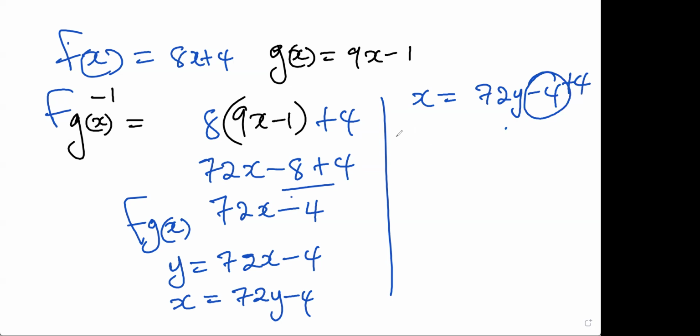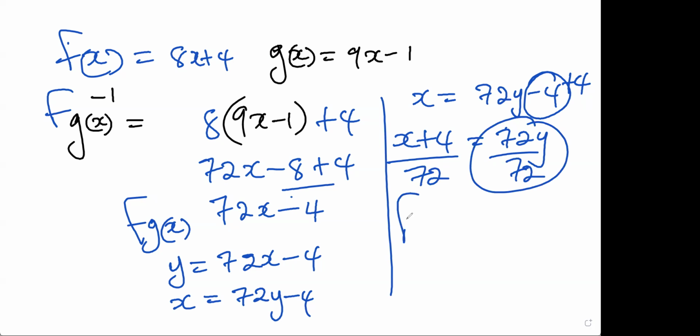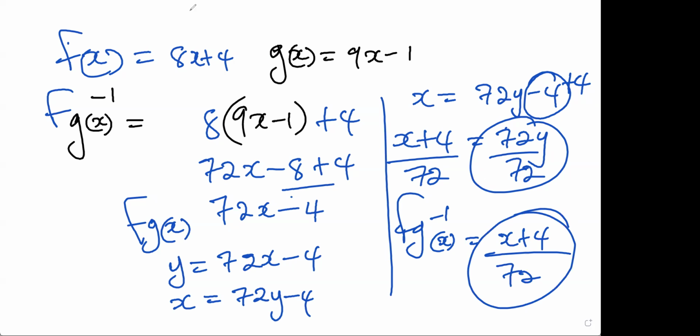Remember, it's the furthest. So we have x plus 4 equals 72y. And then the final step, divide by 72. So fg inverse of x is equal to x plus 4 over 72. And that's our answer.